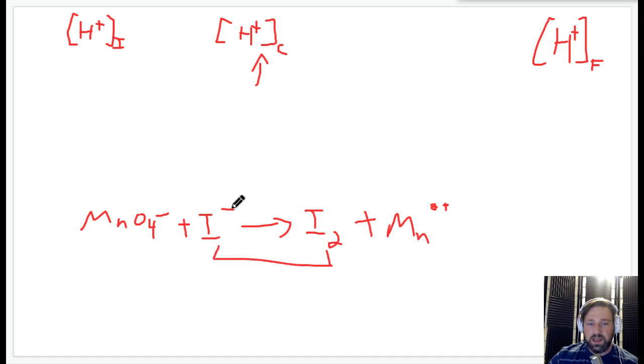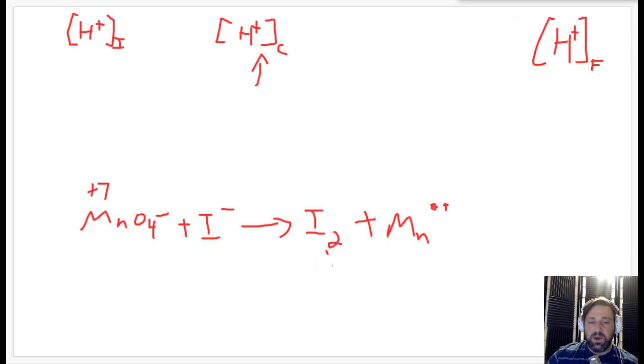Here, it looks like the iodine is losing electrons, so this is the oxidation step. And manganese goes from a +7 oxidation number to 2 plus. In this case, we're gaining electrons and gaining negative charges, so this is going to be your reduction step.